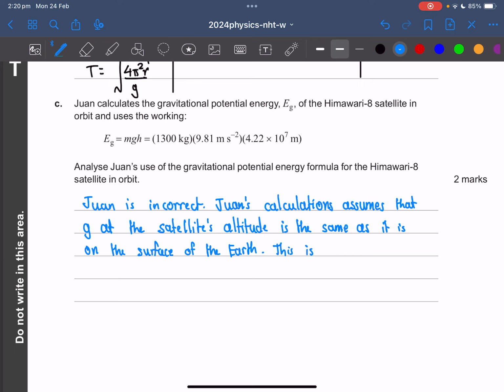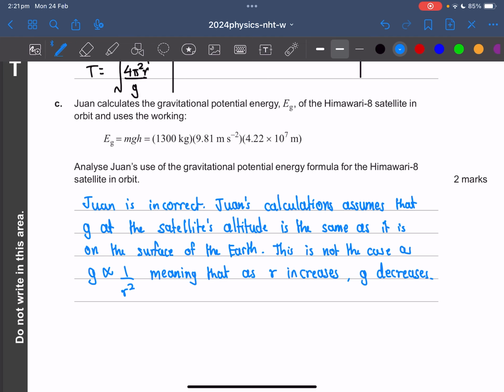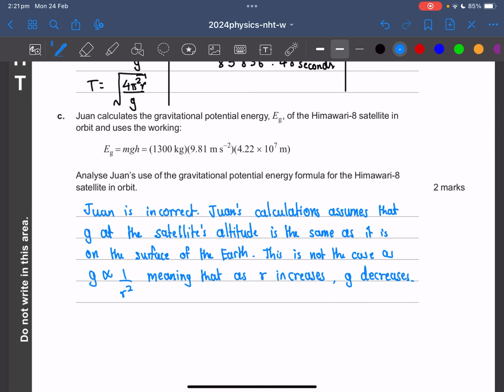This is not the case, as g is inversely proportional to 1/r², meaning that as r increases, g decreases. Okay, hopefully this made sense.